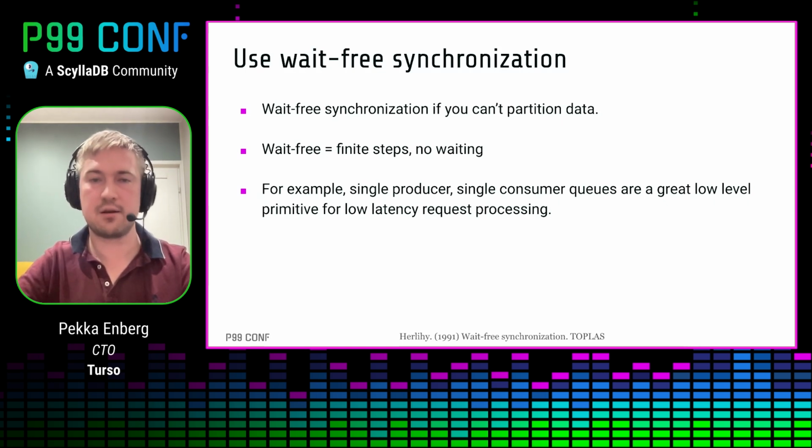So these single producer, single consumer queues are super fast, fairly easy to prove correct, and you can use them as a low-level primitive for work queues and things like that.